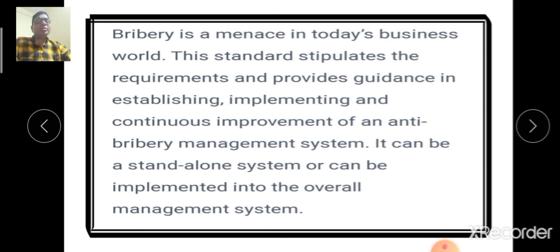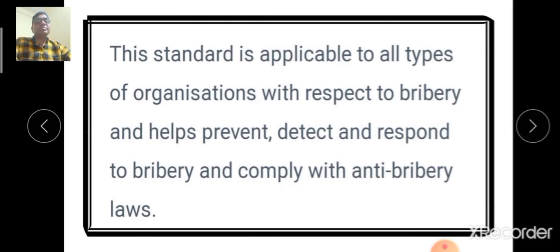It can be a standalone system or can be implemented into the overall management system. This standard is applicable to all types of organizations with respect to bribery and helps prevent, detect and respond to bribery and comply with anti-bribery laws.